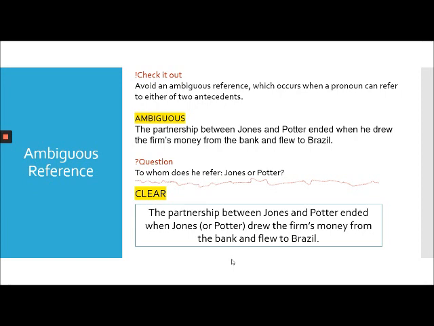But in order to make a much clearer statement, we can also repeat the antecedents if they are joined by two nouns, so that the readers will be able to know who we are referring to.